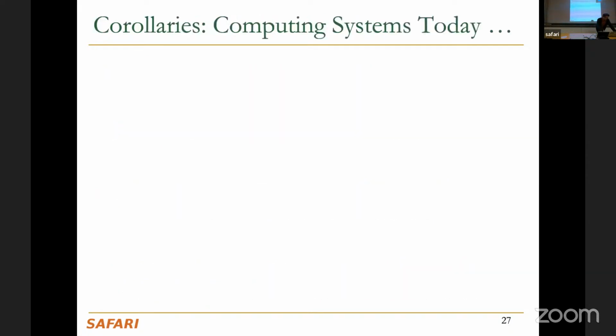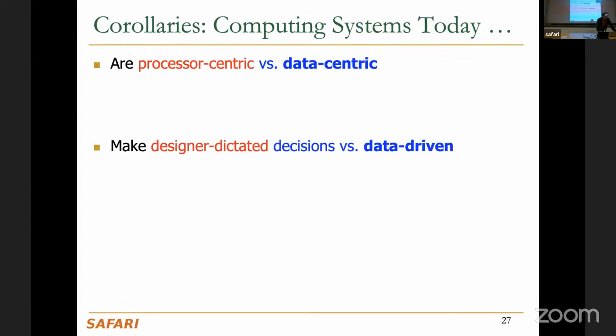So some corollaries that we can find, based on the previous axiom, is that computing systems today are processor-centric instead of data-centric, which would be more desirable to find solutions for data movement. They follow designer-dictated decisions instead of data-driven ones.